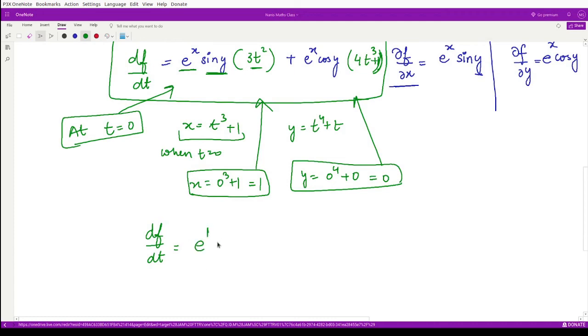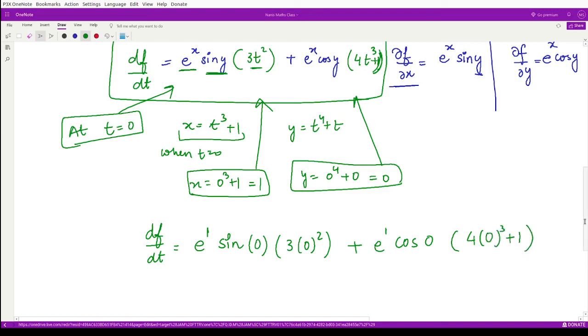x is 1 and sine of the angle y. y's value is 0 and we have 3 times 0 square. This is the first expression. For the second expression, we have e to the power 1 because x is 1, cos of 0 and then you have 4 times 0 cube plus 1 here.